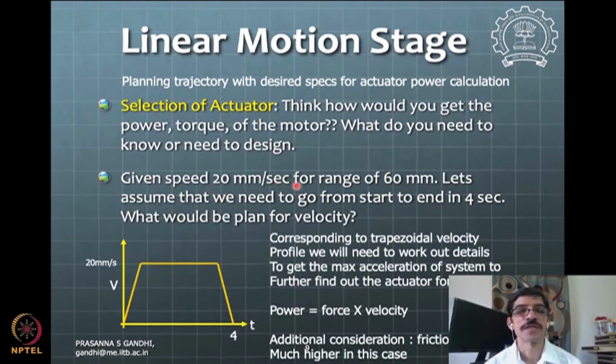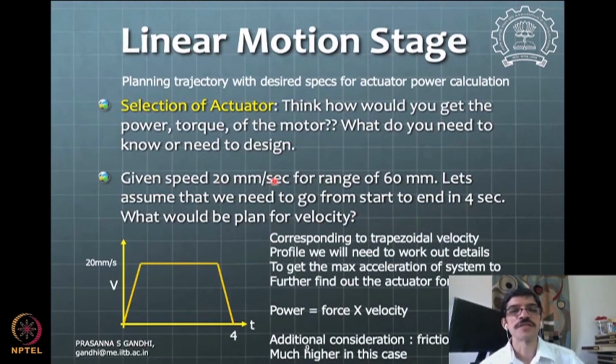Say at 20 mm per second we go 60 mm, but we don't know how soon we should get to 20. We cannot directly jump from start to 20, we need some acceleration to go to a speed of 20 mm per second. So let's say we go from start to end in 4 seconds, and then you can do some kind of estimation.